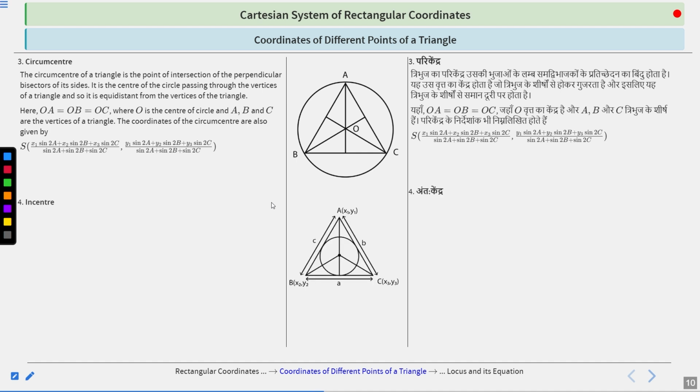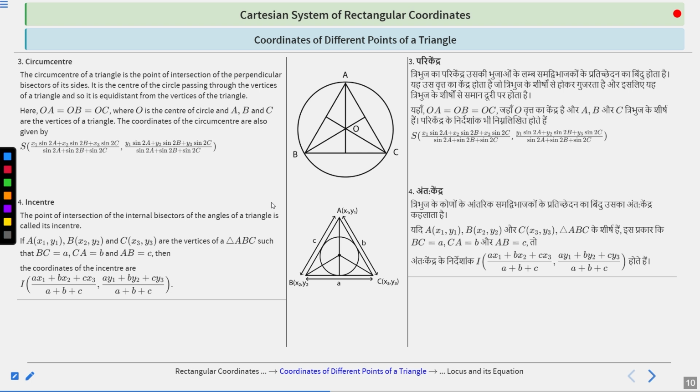Now let us find the incenter. We have a triangle with vertices A(x1, y1), B(x2, y2) and C(x3, y3). The point of intersection of the internal bisectors of the angles of the triangle is called its incenter, right?